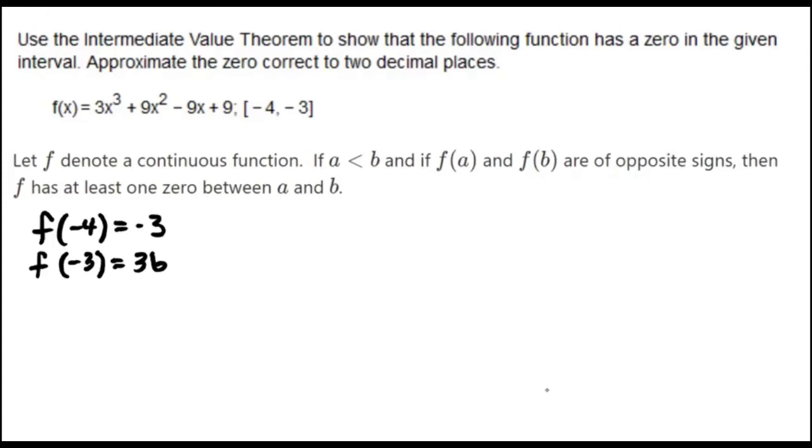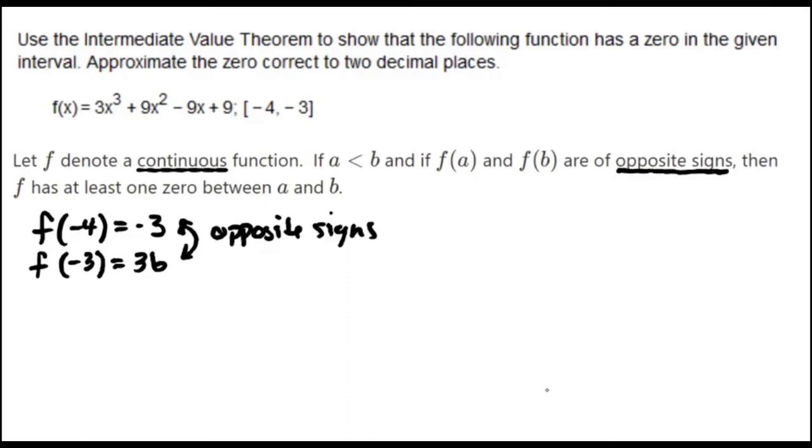And so you can see that f of -4 and f of -3 have opposite signs. Because f is a polynomial and is a continuous function, and we have shown that the y values have opposite signs, there must be a zero between -4 and -3.